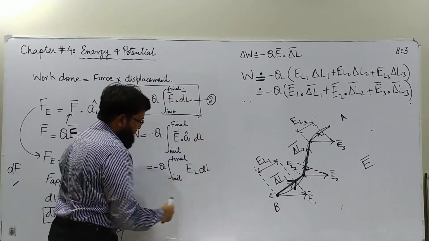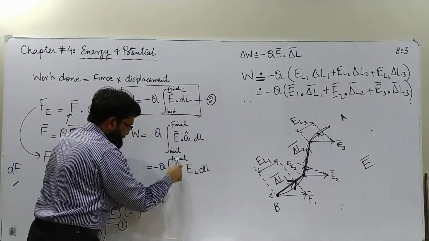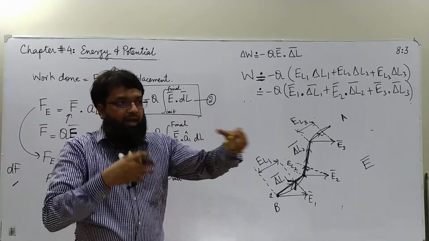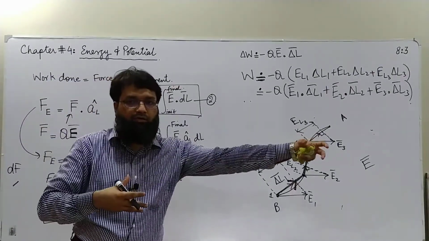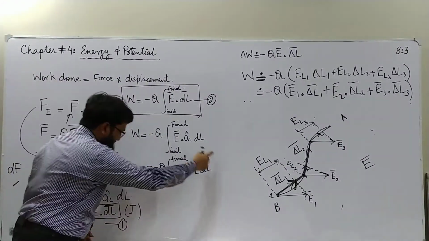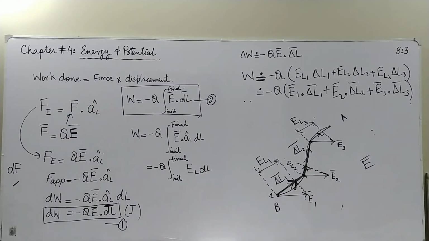We cannot add an infinite number of terms, so we have to integrate. If we are able to do that, then multiplying it by minus q, we'll get the work done.